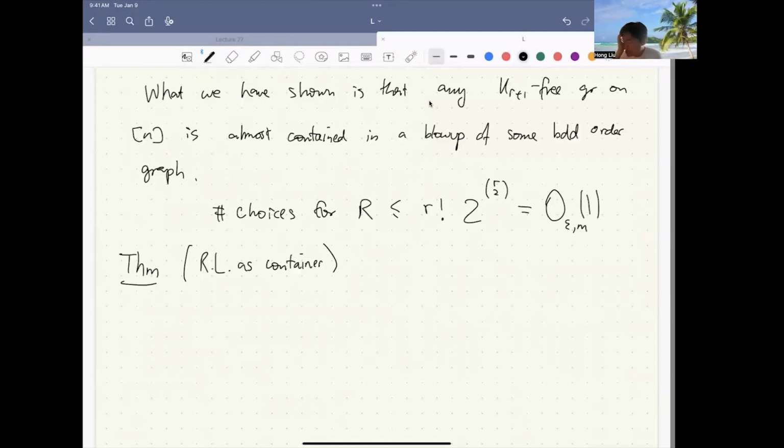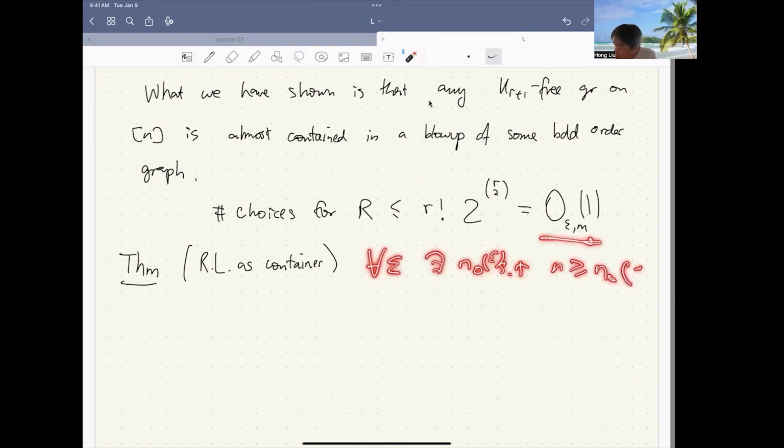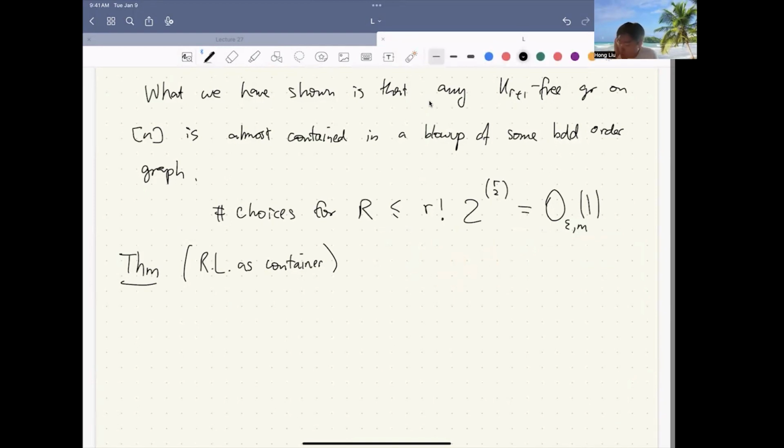Let's be precise. Precisely, you should write: for every epsilon there exists n naught, depending on epsilon, such that the following is true for n bigger than n naught of epsilon. And now I will just write in terms of little o notation.